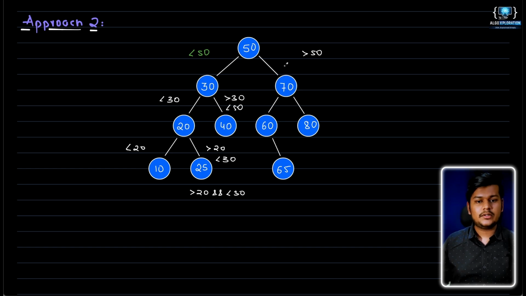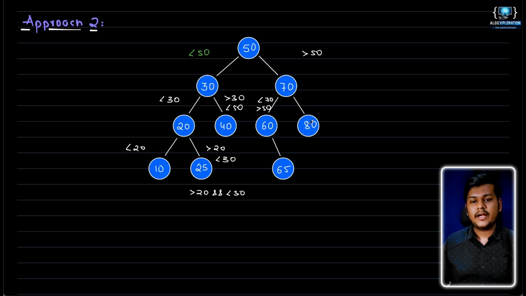Now let's talk about this value 60. See, it is present on the left hand side of 70, so it should be lesser than 70, but it is present on the right hand side of 50 as well, so it should be greater than 50. Now you can comment on your own for this: what should be the condition?